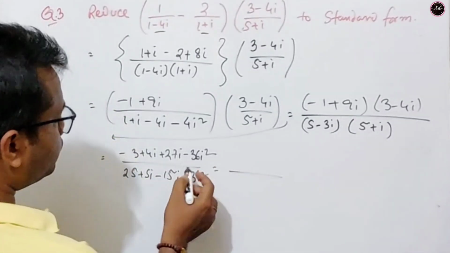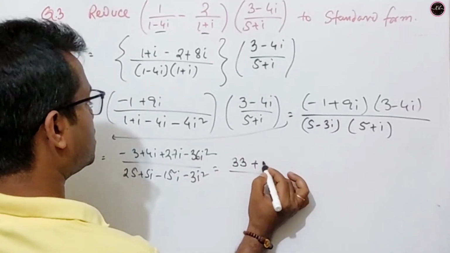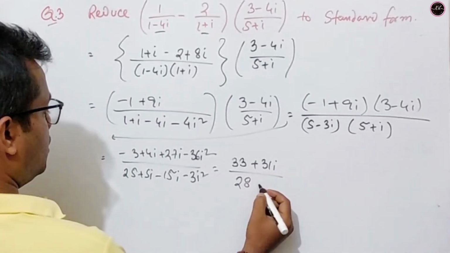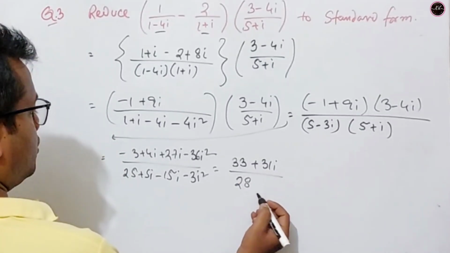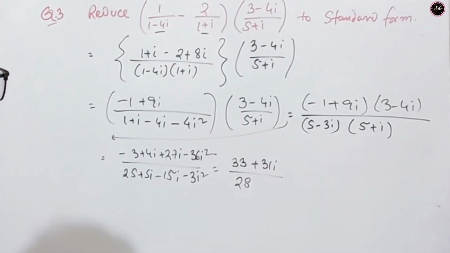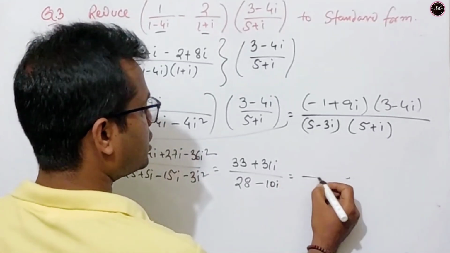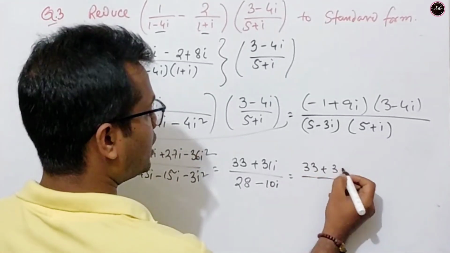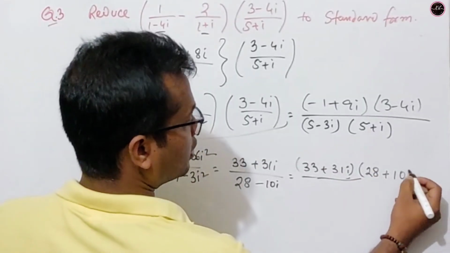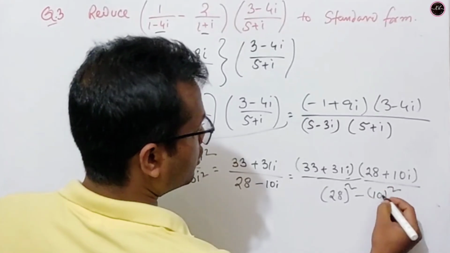Therefore we have 33 plus 31i, and here 28 minus 10i. So just rationalize this, we get 33 plus 31i into 28 plus 10i, and here 28 square minus 10i square.